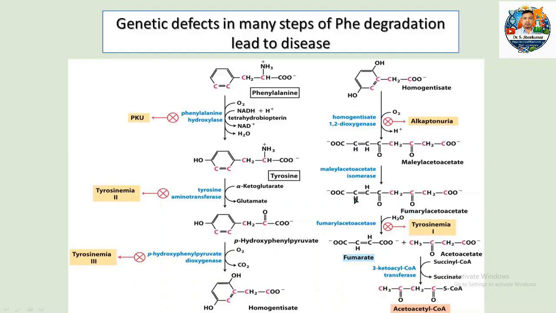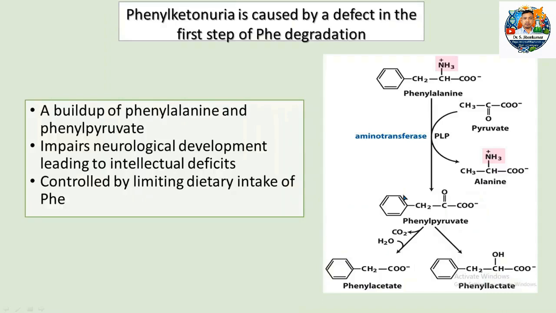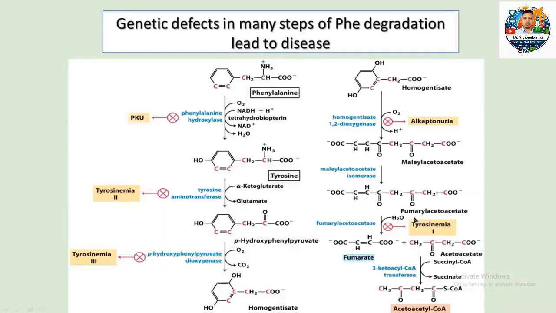That is in the cis configuration. Whereas in case of this fumarate, the two hydrogens are in the trans configuration. So structurally they are the same, but the arrangement of these two protons is different. So they are structural isomers. So maleylacetoacetate is isomerized to fumarylacetoacetate.